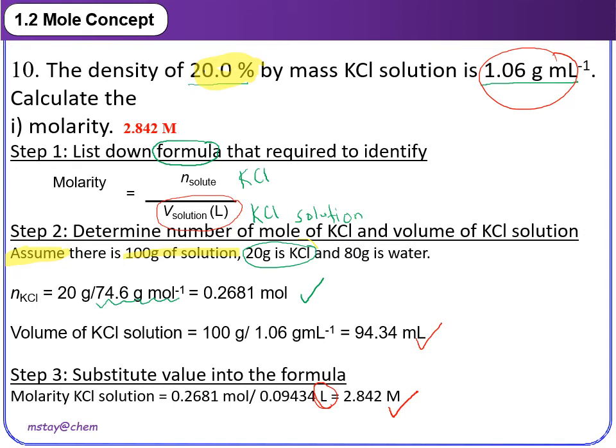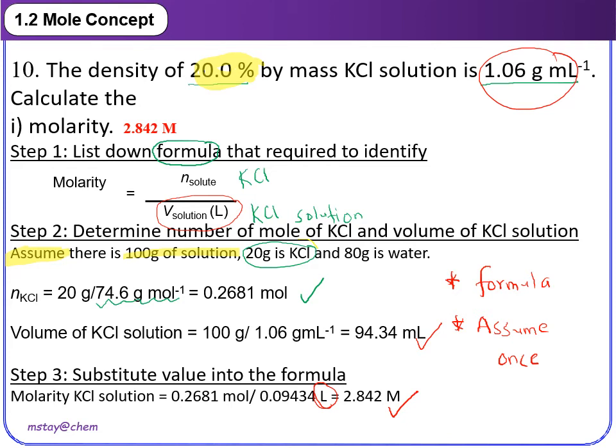Okay, so to keep in mind, just a reminder again, always remember the formula for each concentration measurement. Second, we only assume once. You will see later, for question number 10, we have part 2 and part 3. We will not do assumption anymore, because we already did the assumption in part 1.